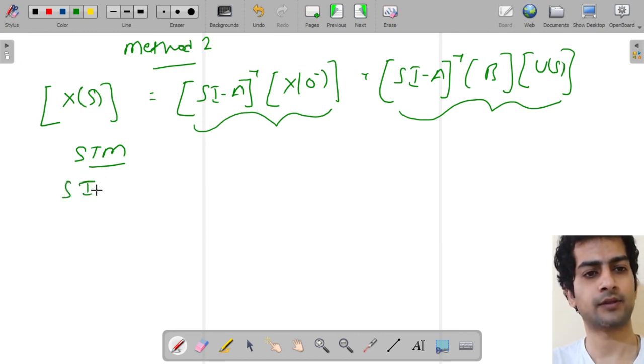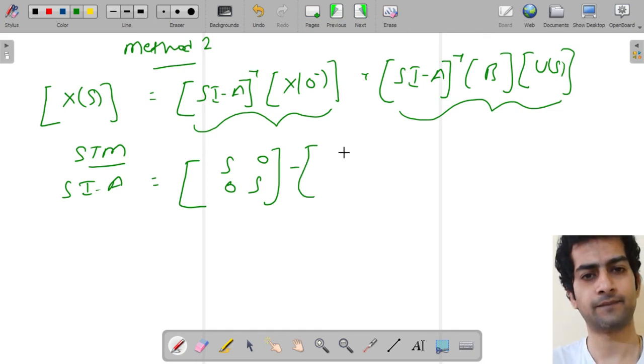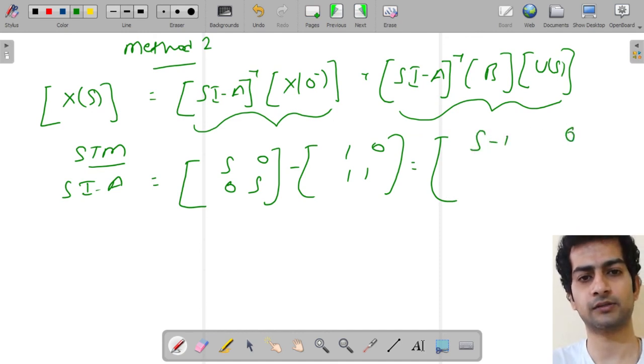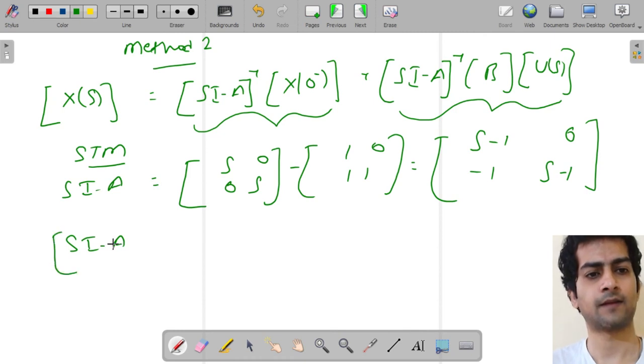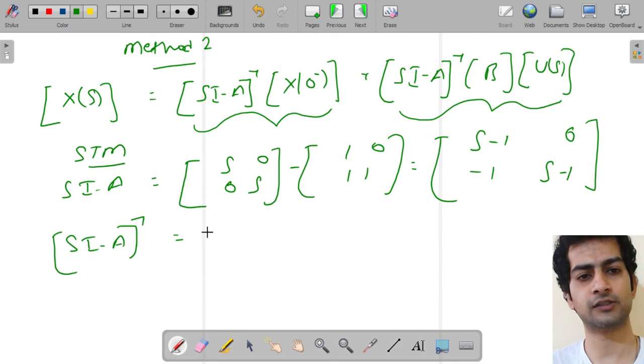So sI minus A, that is s, 0, 0, s minus A, which is 1, 0, 1, 1. So this we can find, right? s minus 1, 0, minus 1, s minus 1. If we take its inverse, what will we get?